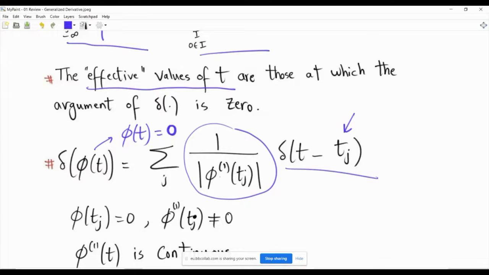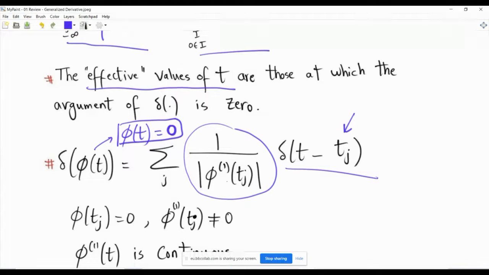Moreover, if you remember the steps that we did to justify this expression, we needed the first derivative of phi(t) to be a continuous function. The reason is that you solve this equation and get t1, t2, t3, at which the function phi(t) is equal to 0. At those t's, the first derivative must not be equal to 0, and we are dividing by it here.